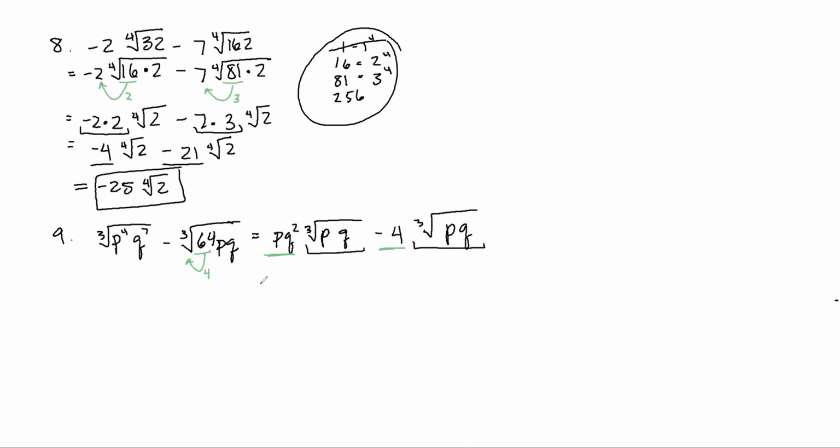So what we're going to do, and you won't actually see one like this in your homework, or you shouldn't, we know we want 1 cube root of pq. That's our goal, to combine these into 1. The only way to do that is to have a single coefficient in parentheses where we have p q squared and then minus 4. So we're combining that into a single coefficient using parentheses.